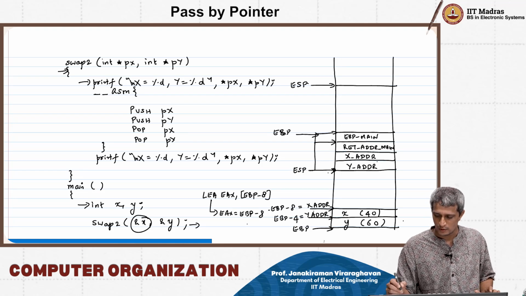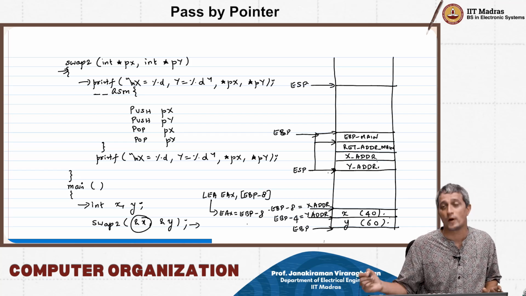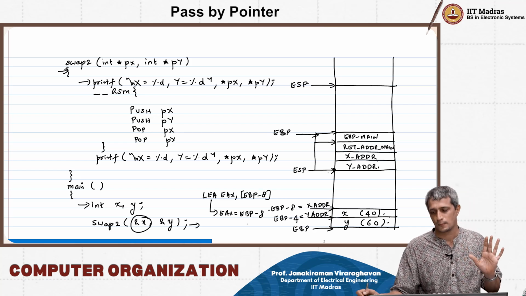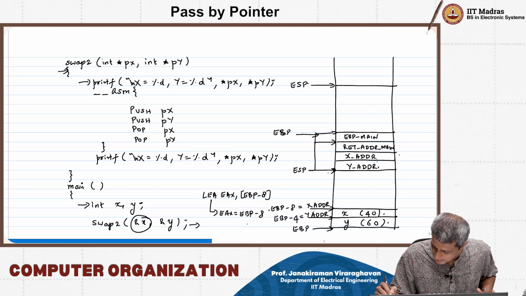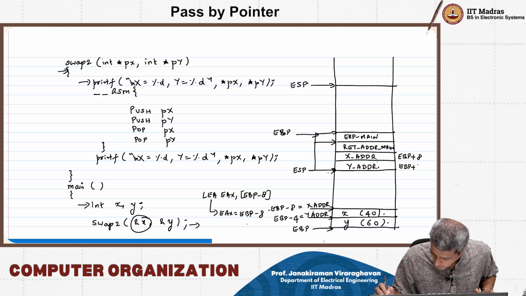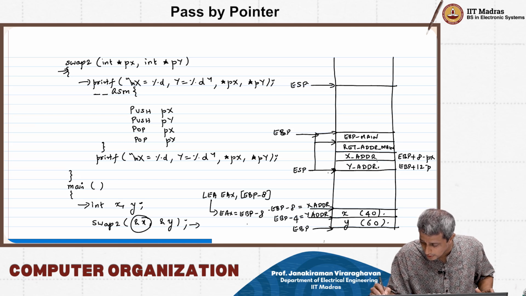So effectively through this address you will access x, through this address you will access y. After EBP, in x address, this is EBP plus 8, this is EBP plus 12. These are my function parameters px and py.